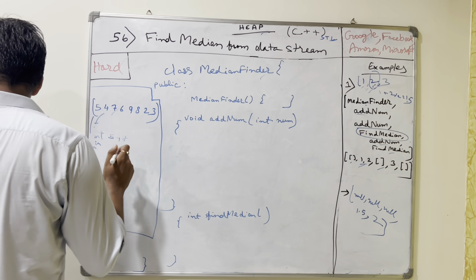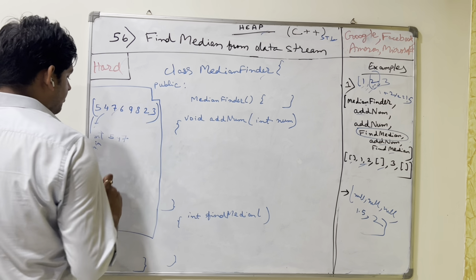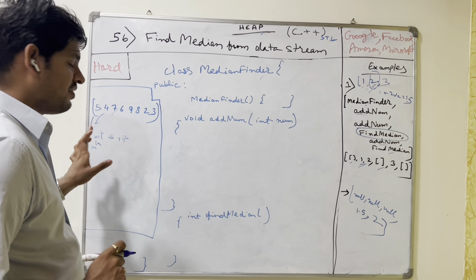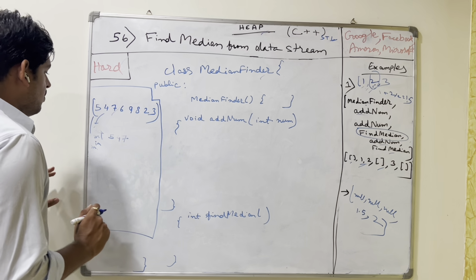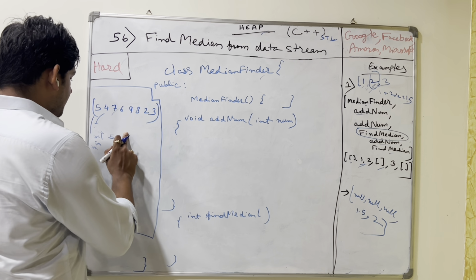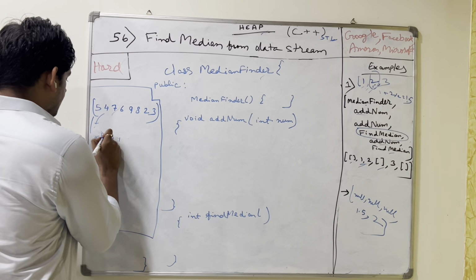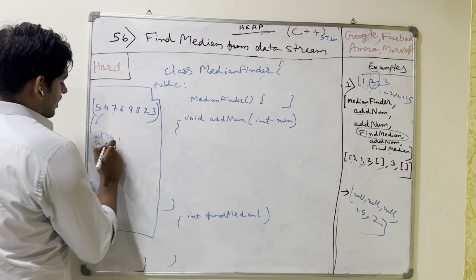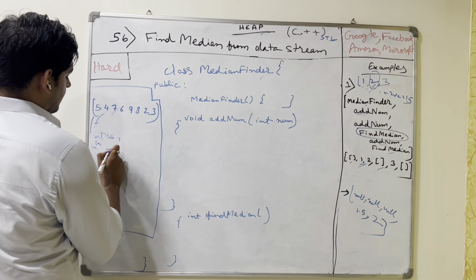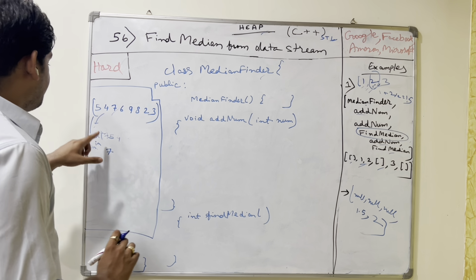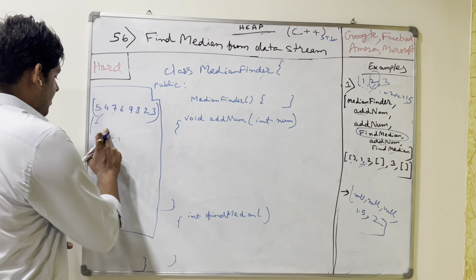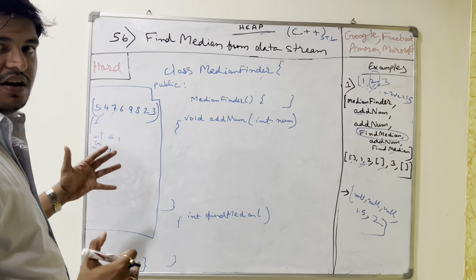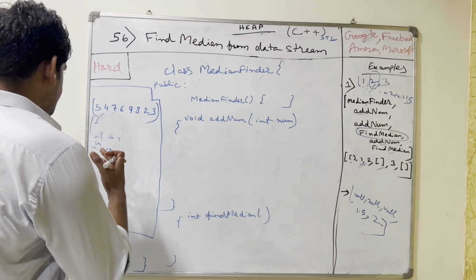But now you see that the difference is greater than 2 between the size of the max heap and the min heap. So what do we do? When 5, 4, 7 have come, 7 will be on top of the max heap, and then we will move this 7 to the min heap, because the difference was more. Now 5, 4 is there, and this 7 is eliminated from the max heap. You'll understand how this will solve our problem.